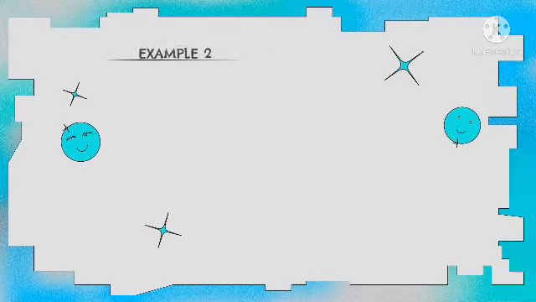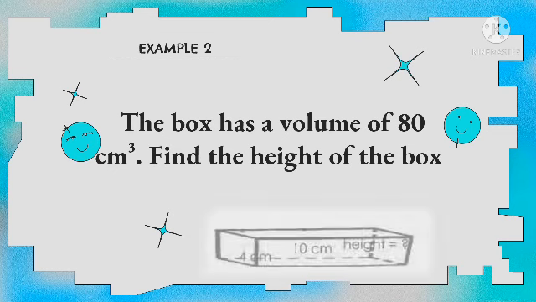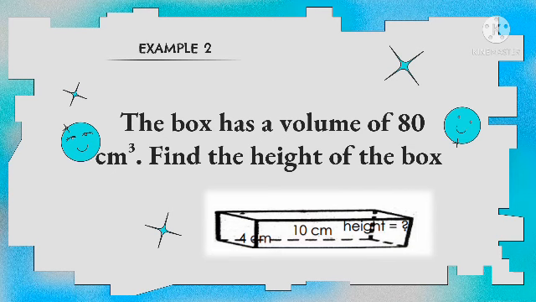Okay, so let's have another example. The box has a volume of 80 cubic centimeters. Find the height of the box. So, we are looking for the height. Hindi man binanggit dito sa statement yung height ay yung length and width, pero meron naman siyang ginamit na illustration. So, dito sa illustration natin, makikita natin na yung length is 10 centimeters and yung width is 4 centimeters.